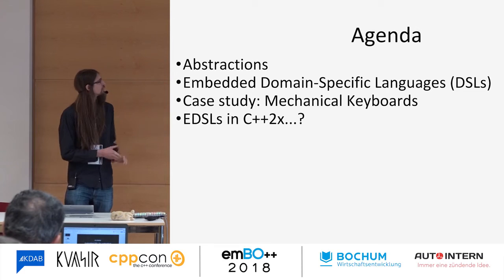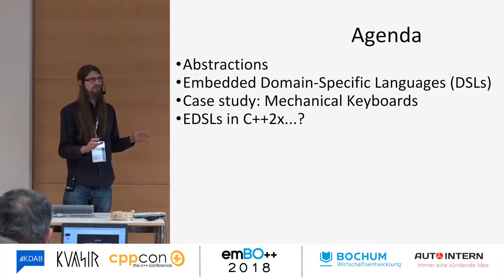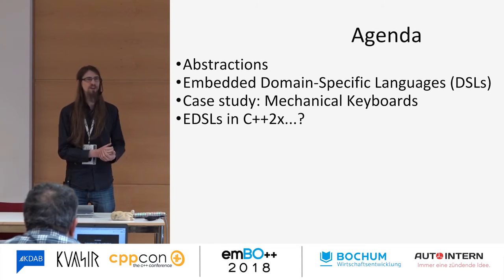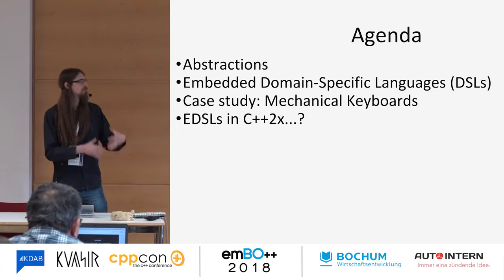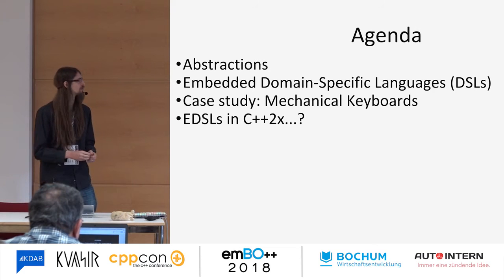So these are the main things I'm going to talk about. I'm going to give a kind of overview of the idea of abstractions, particularly how we talk about abstractions in the C++ world. I'm going to go on to define what is an embedded domain-specific language, give some examples from C++, and hopefully show how they fulfill the aims which I just talked about.